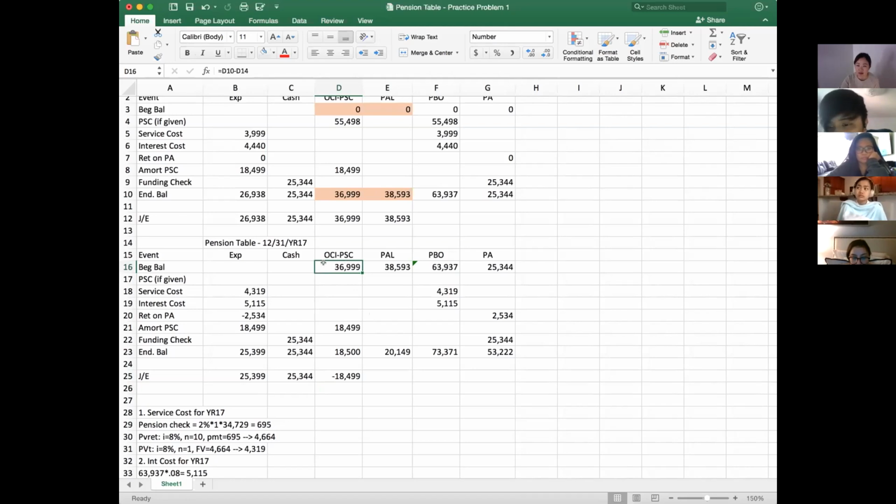OCI, that's the loss that we put into the OCI. And then we reduce that loss by this amount. How do you reduce the loss? By crediting it. Therefore, the change that happened for OCI, that is the credit balance.